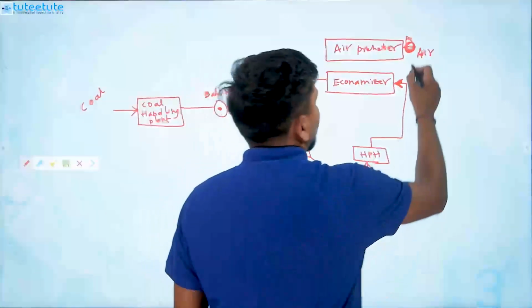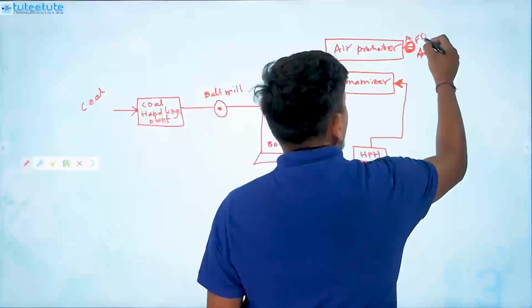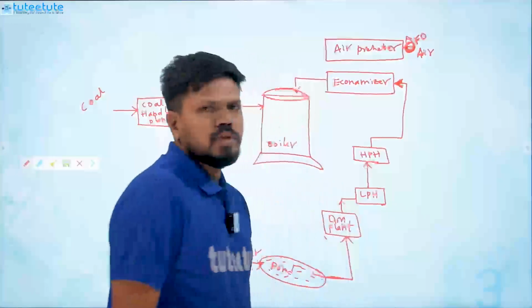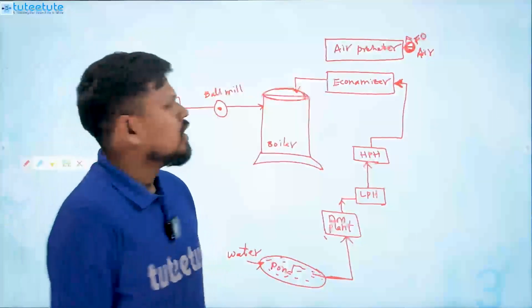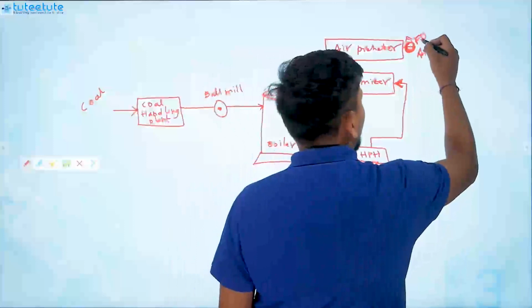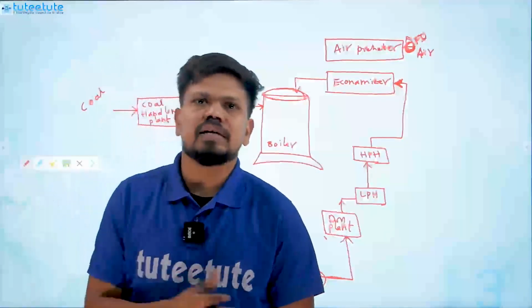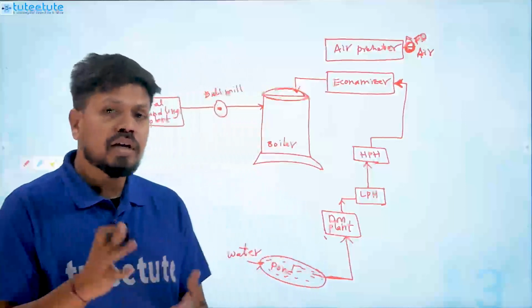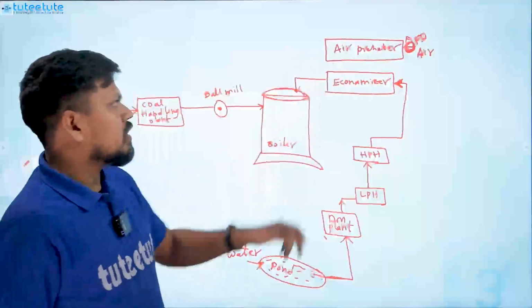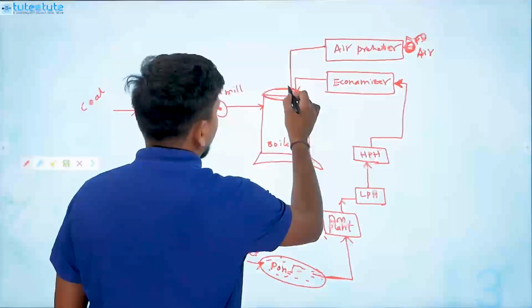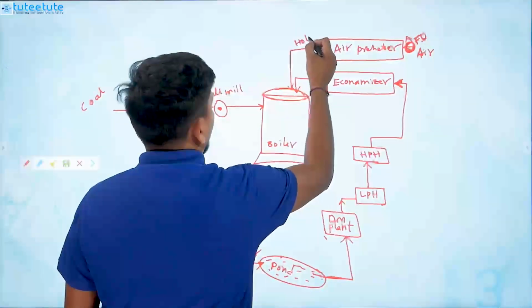Those are called FDs. FD fans are forced draught fans. By using forced draught fans we send the air into the air preheater. The output of this air preheater is hot air. Hot air will come out.